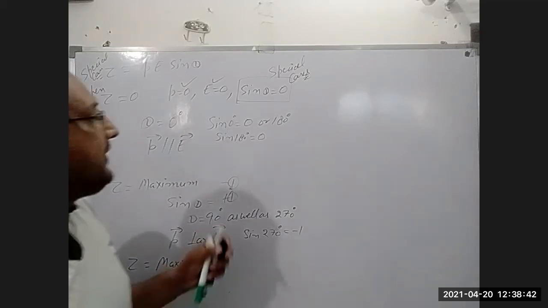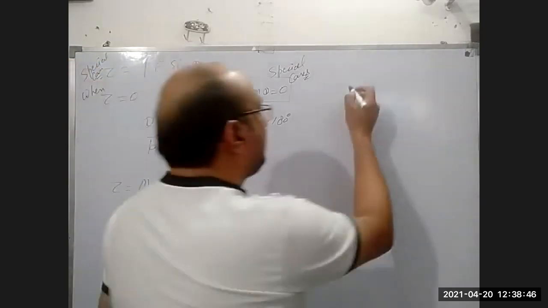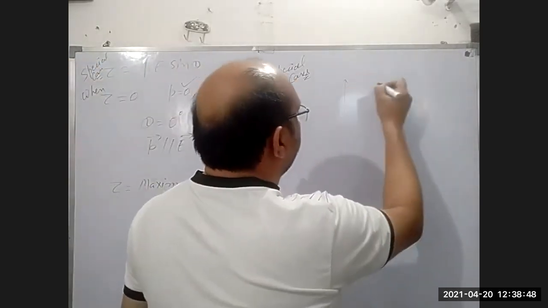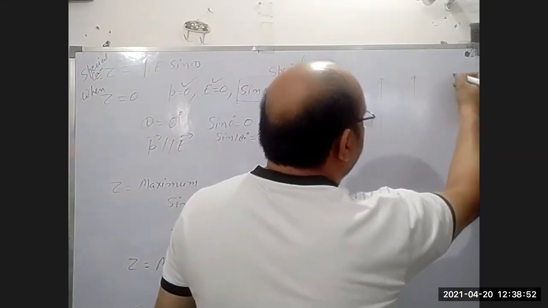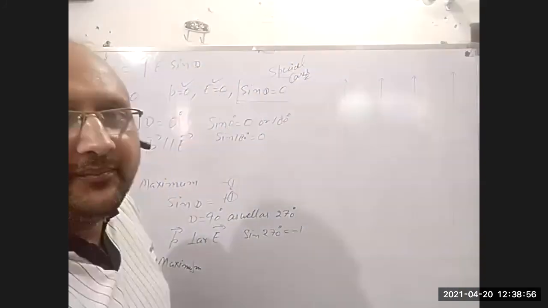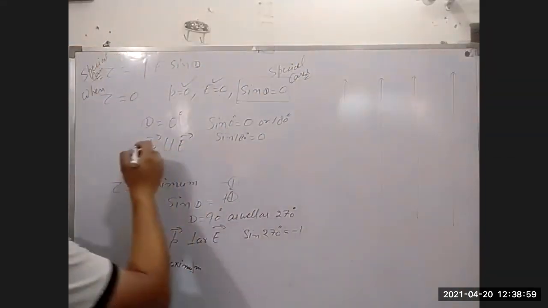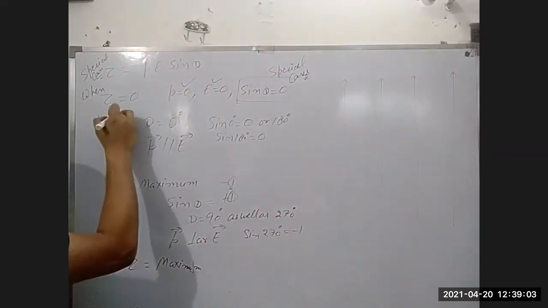Now, in this diagram, draw it again and feel this thing. My question is, torque is 0 means no rotation.